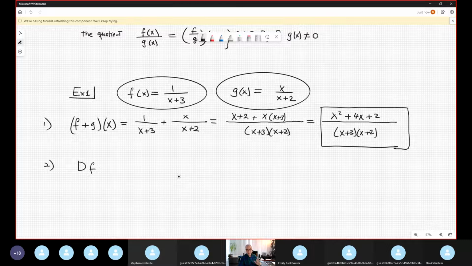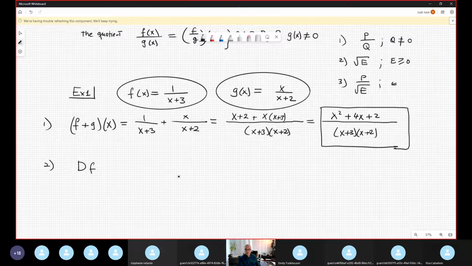However, except restrictions, and we have restrictions in three scenarios: 1, 2, 3. The first scenario is with division: the expression in the bottom is non-zero. By the way, this is the case. Another scenario is when you have a square root in the top or in the bottom, but in this example, we have no square root. So in this scenario, let me repeat because it's important, the expression inside is non-negative, because I want to avoid imaginary numbers, and here is positive.